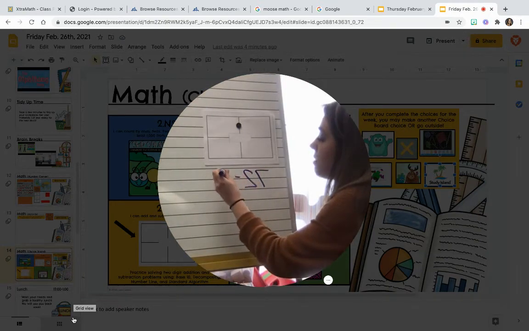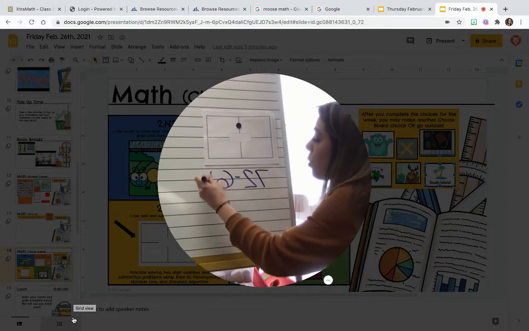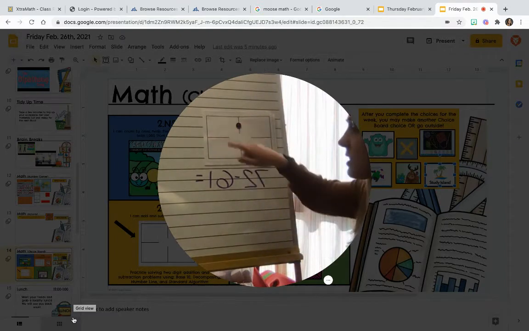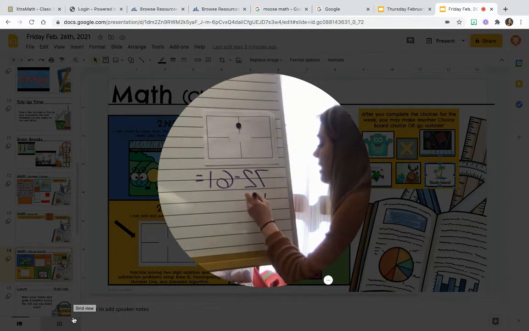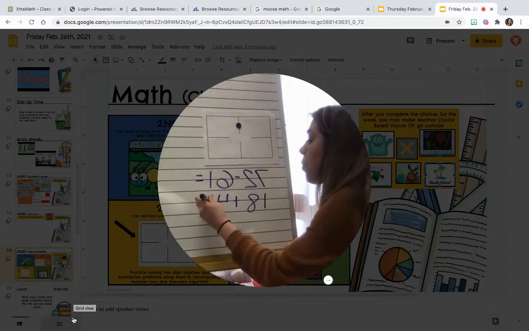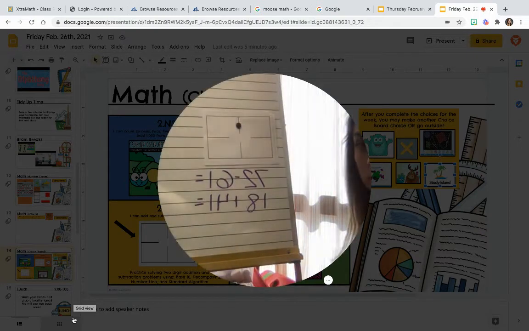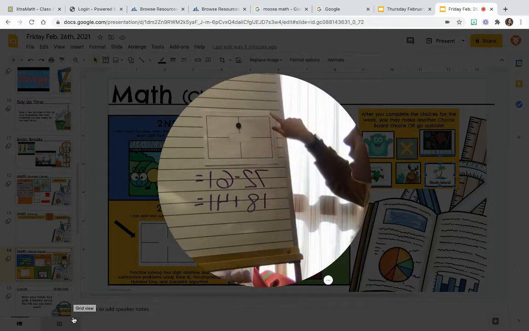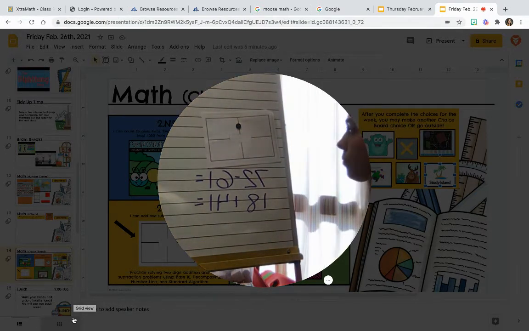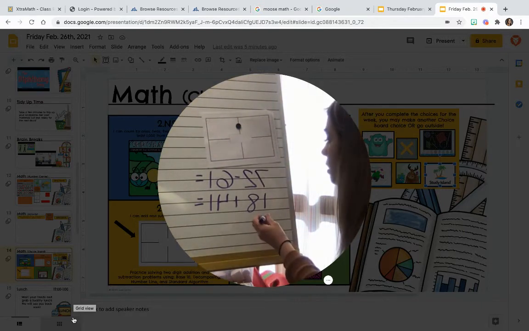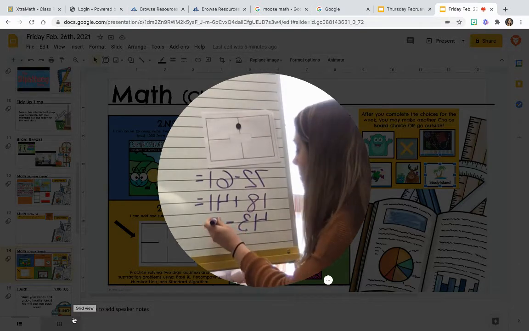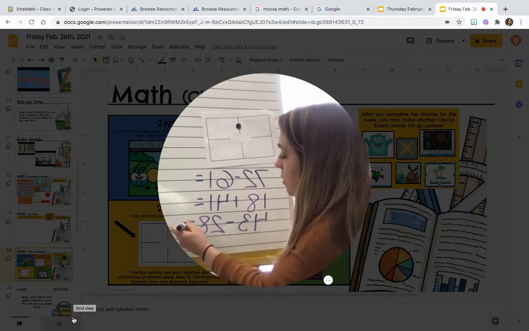All right, so in this first box, I would like to know what 72 minus 61 equals. Okay, so first box. Second box, I want to know what 18 plus 41 equals. So 72 minus 61, first box, 18 plus 41, second box. Third box, I want to know what 43 minus 28 equals.